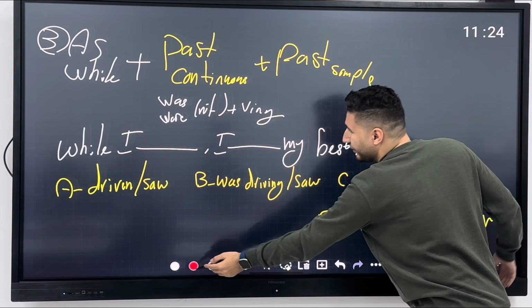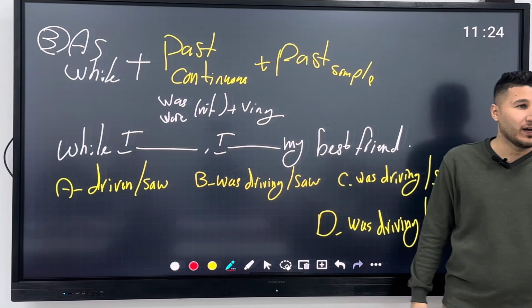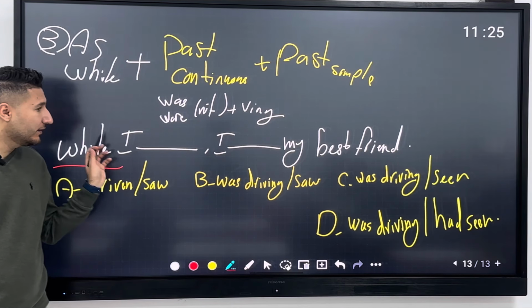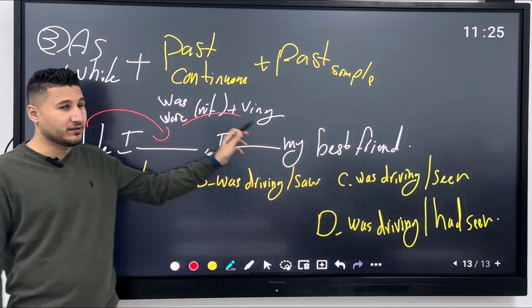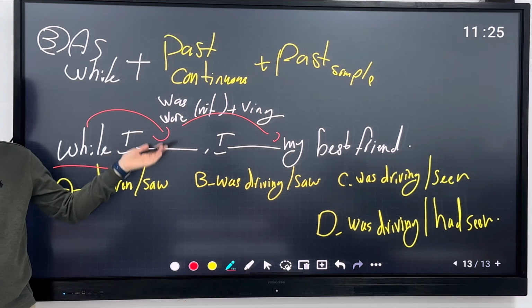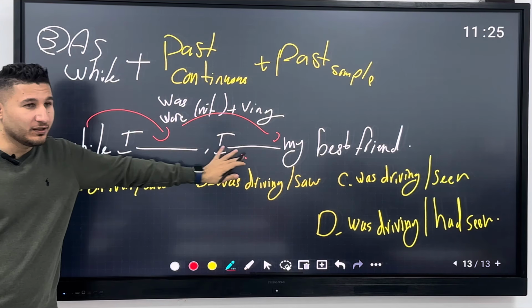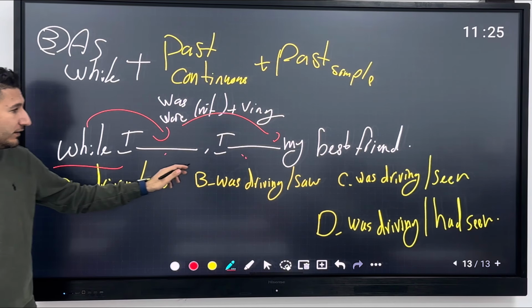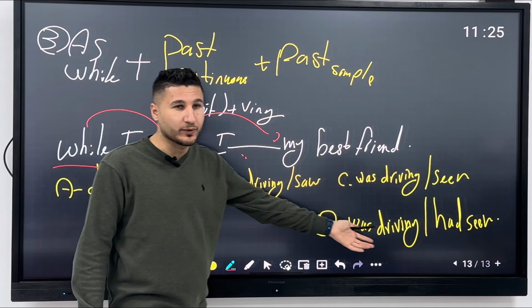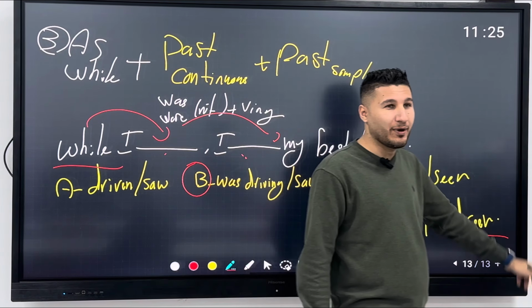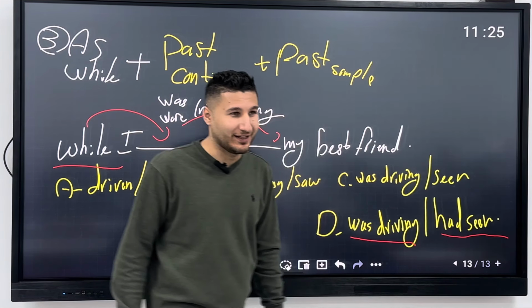And let's check why. It's while, right? And I said while is followed by past continuous and past simple. Which one is the correct past simple and past continuous? Past simple, past continuous. B. But why is D incorrect? Was driving, and this is past perfect, so it's incorrect.